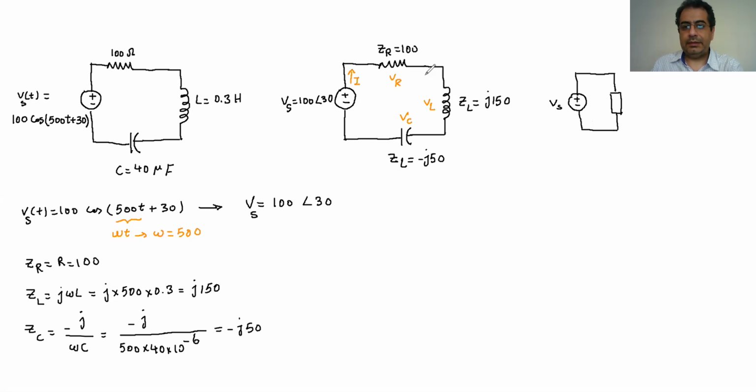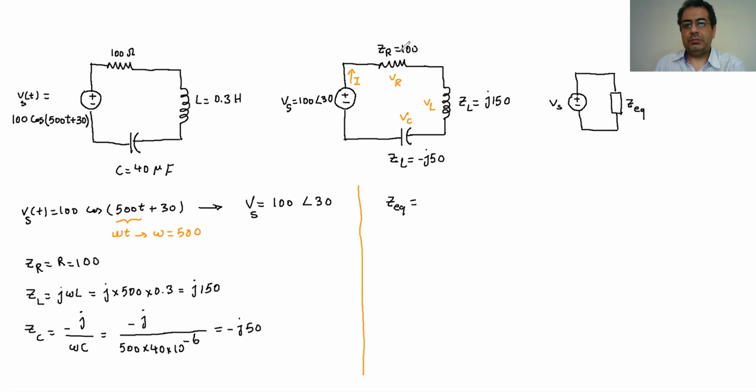Assume I add these three, so it's going to be Z equal. If I go ahead and find the Z equal, as I said, assume they behave as a resistance. So we have three elements in series.